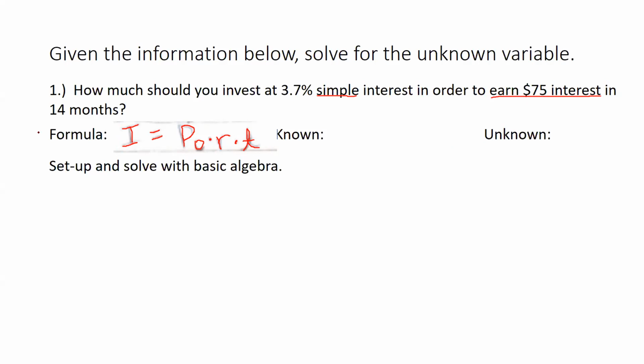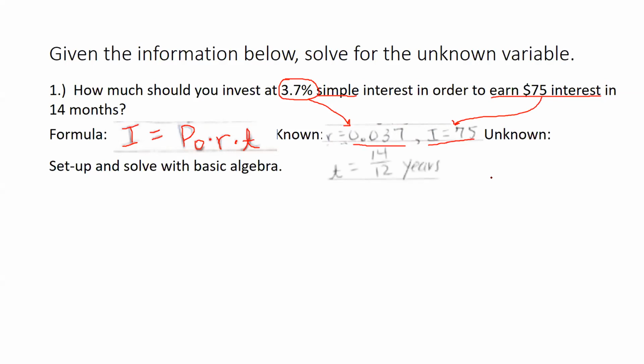So our knowns, what's given to us, is this R value of 0.037. The reason we know this is because it's 3.7%. We're going to write that as a decimal because we're not a barbarian, and that's what we get there. And we know we need to earn $75 in interest, so our I is going to be 75.